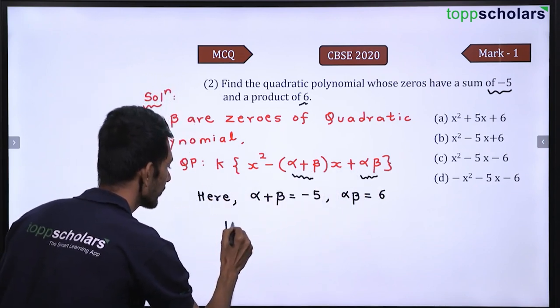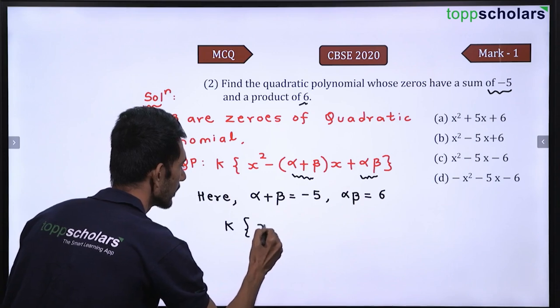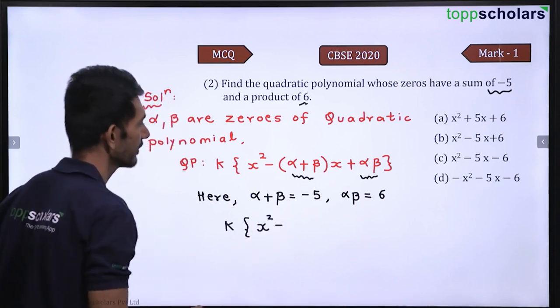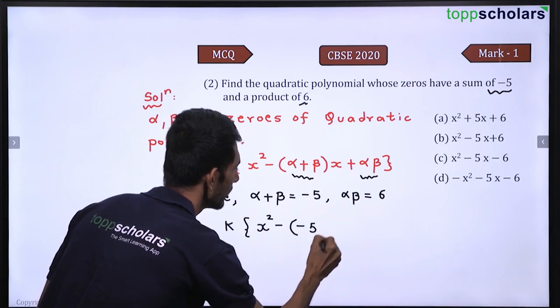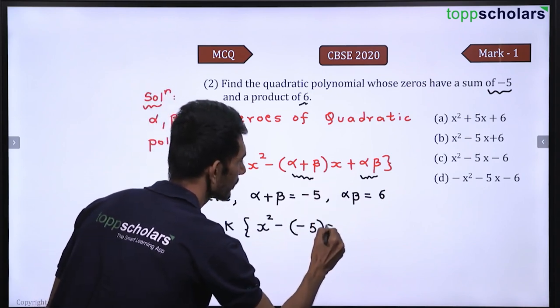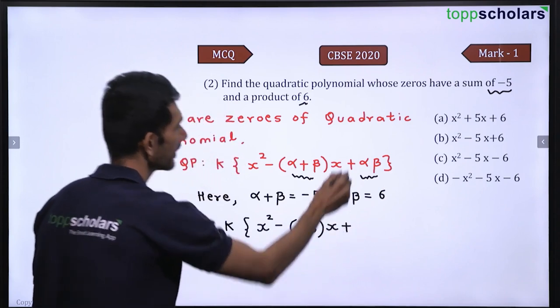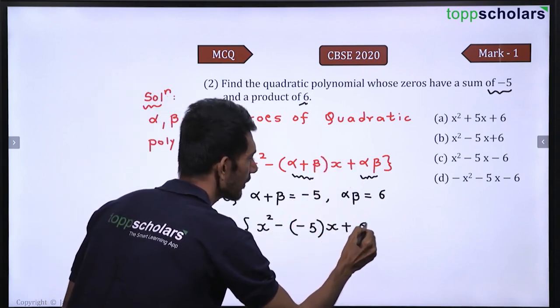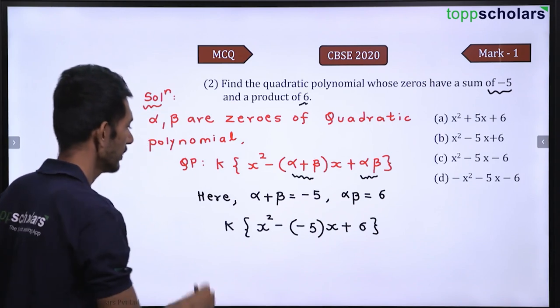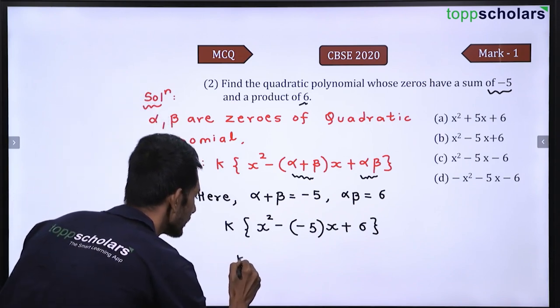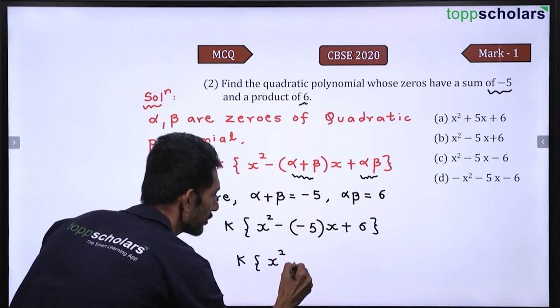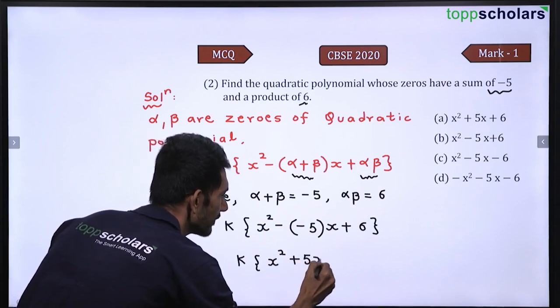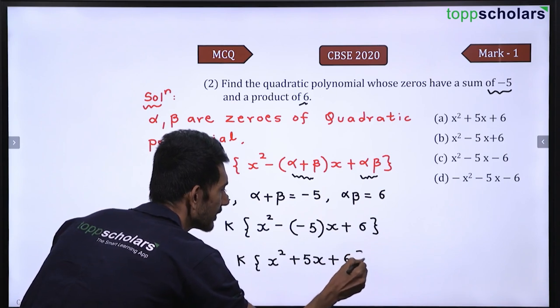We get k times x square minus, alpha plus beta is how much? Alpha plus beta is minus 5. So we write down minus 5 into x plus alpha beta, which is 6, right? So you get k times x square minus minus becomes plus, so plus 5x plus 6.